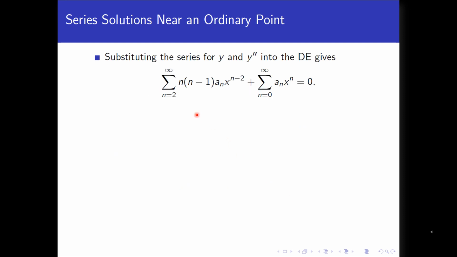After finding the series representation for y double prime, we substitute this together with y into the differential equation and obtain such an equation. The first sum ranges from 2 to infinity with the power function x to the n minus 2, and the second sum ranges from 0 to infinity with the power function x to the n.